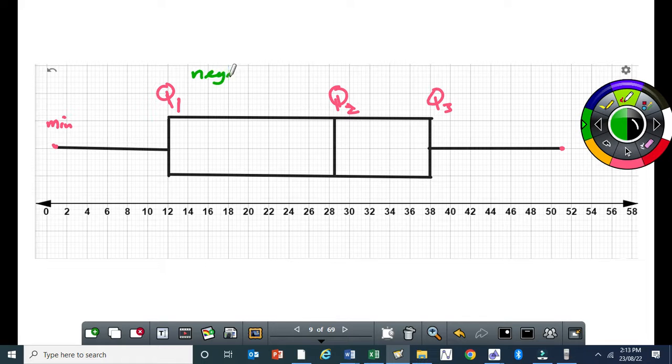So this data set is negatively skewed. We say it's negatively skewed or it is skewed to the left.